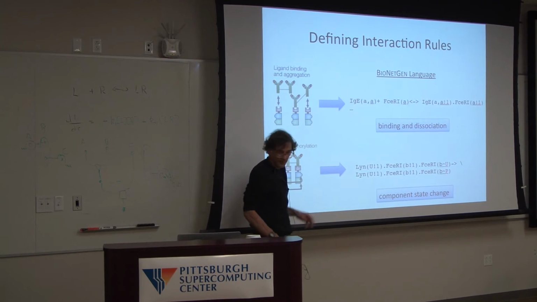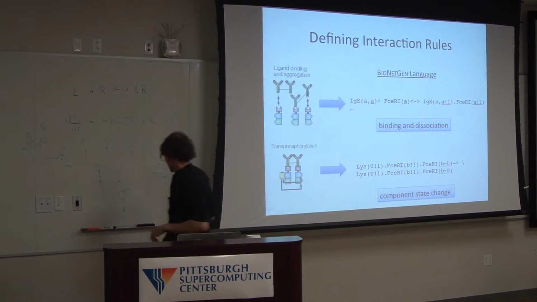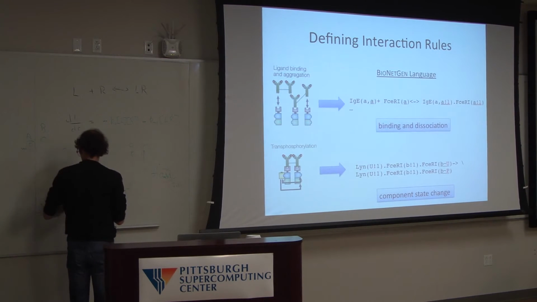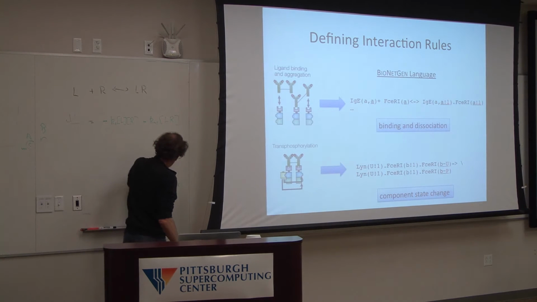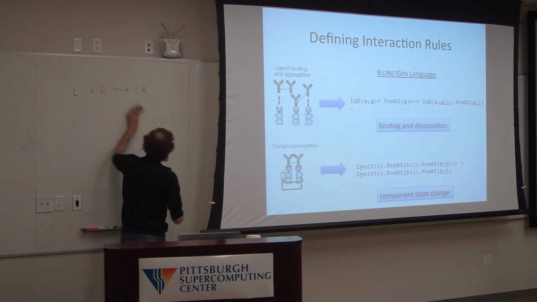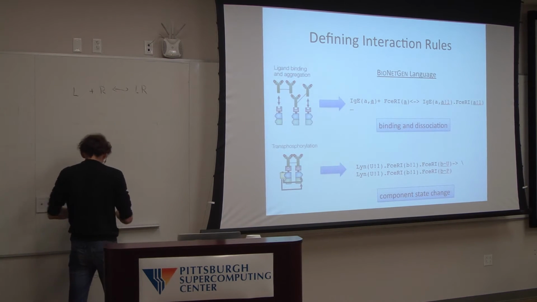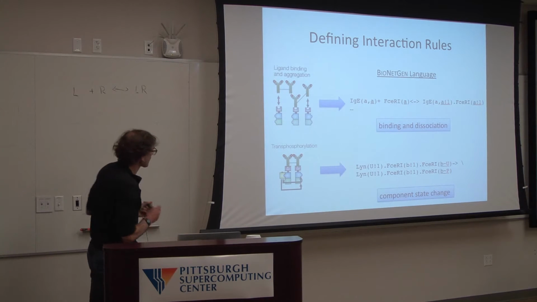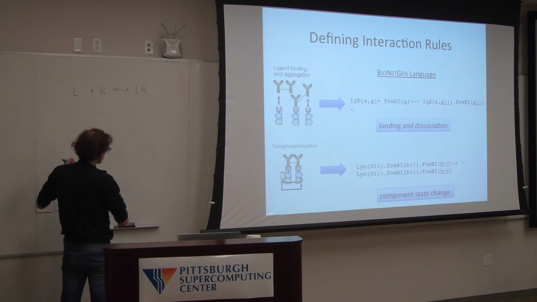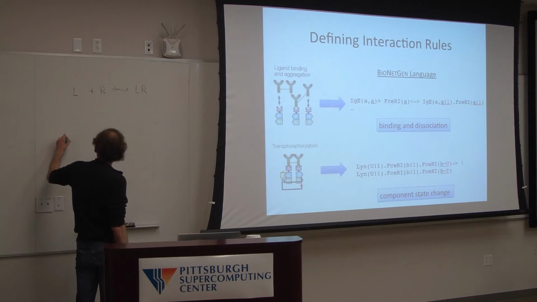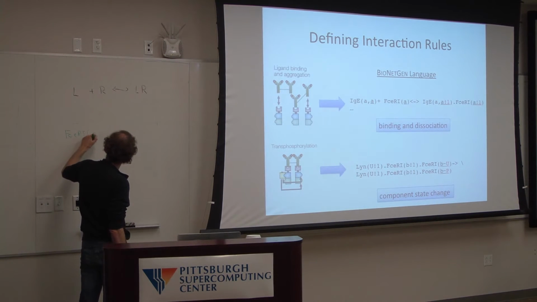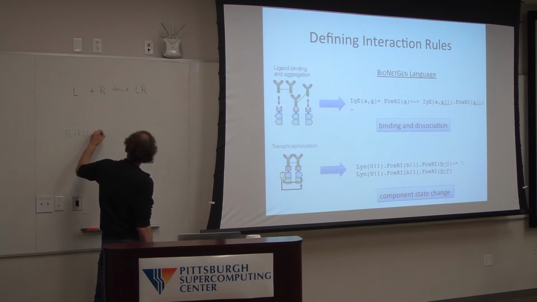Let me briefly write that out, because it helps to clarify the bond notation one step further. To represent just this part of the complex, we would have the FCERI, and we would have an A, and let's just call this bond 2.